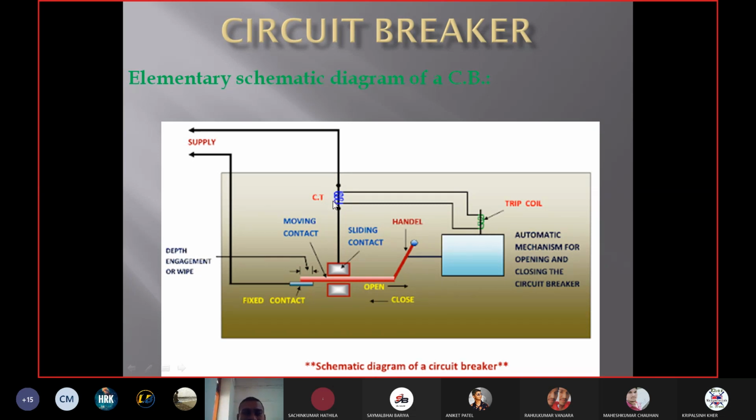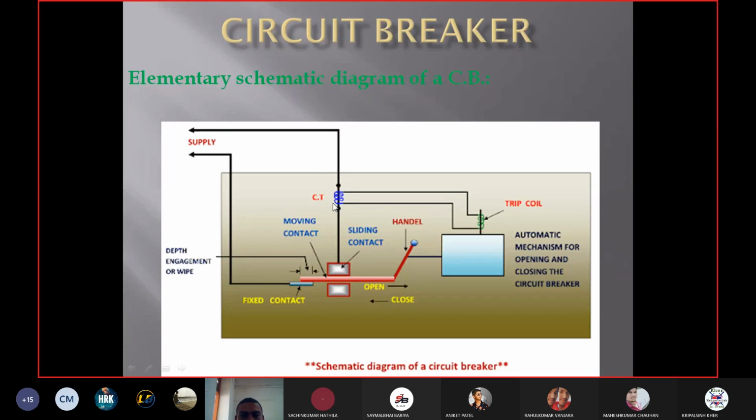For this CT, this wire is the primary and this blue color coil is the secondary winding of the CT. The secondary of the CT is connected to the trip coil.